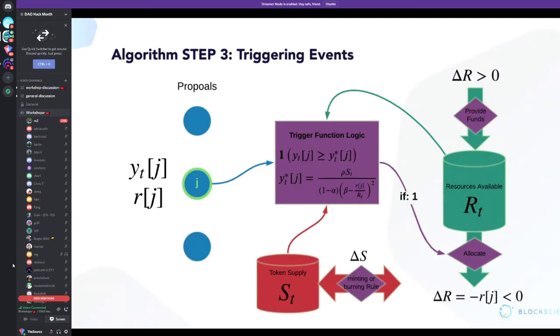S is the supply, or we've been working more recently with this as the effective supply, meaning tokens that are inactive because they're being held by the DAO to be paid out. So maybe they're in the resources available pool, then they wouldn't be in the effective supply. If they're on a liquidity provider, they might not be in the effective supply. The effective supply is meant to be representative of the tokens that are in use by the community to make decisions.